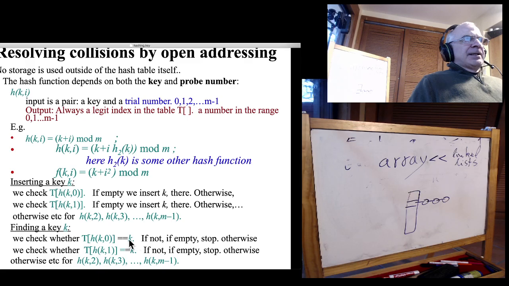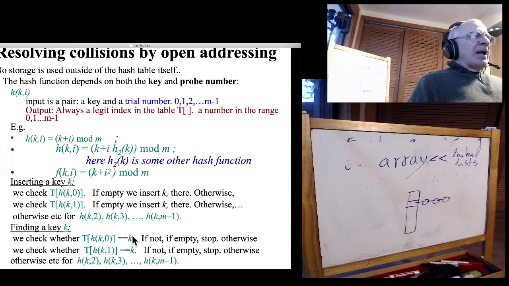If I did not find k, because somebody else lives there, then I'll ask what is the next location that you'd insert k. It would be h(k, 1). Is k there? If yes, then you're done. If no, then check h(k, 2), h(k, 3), until you try h(k, m minus 1), and at this point you're done.